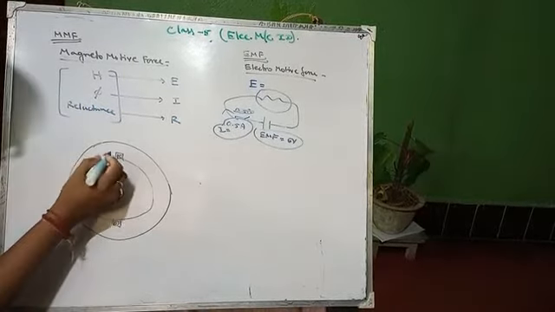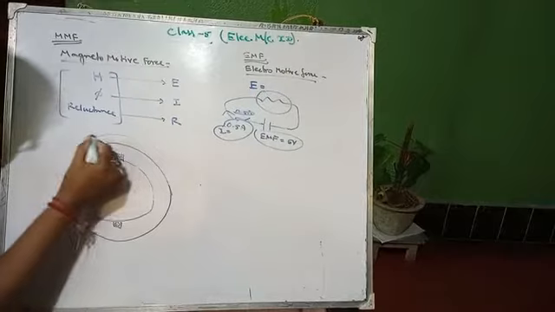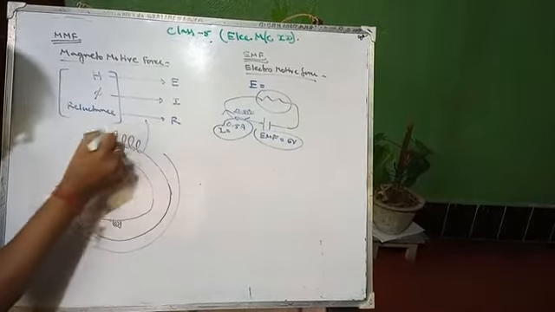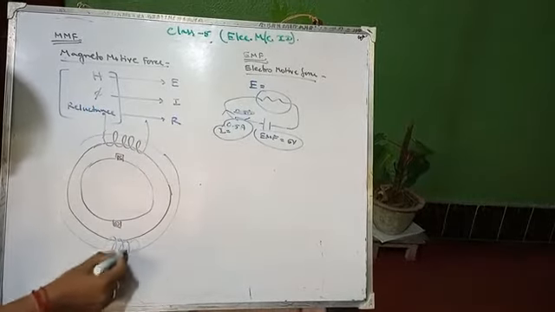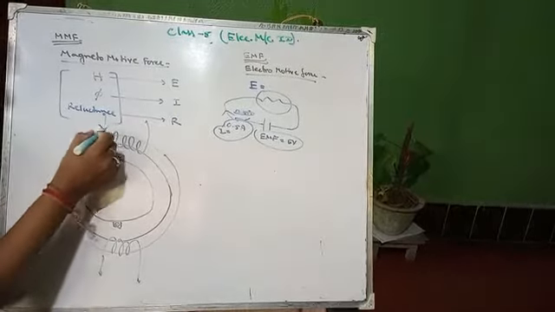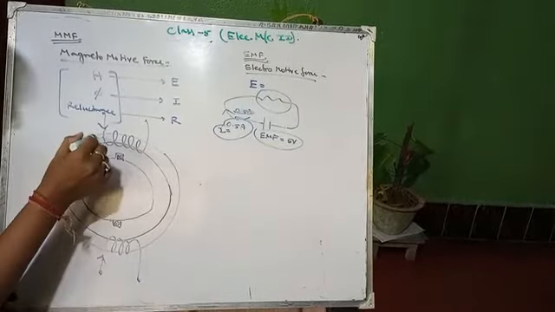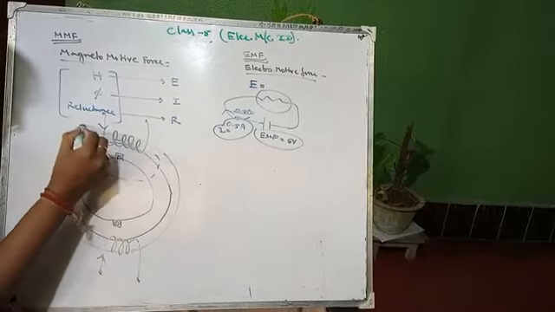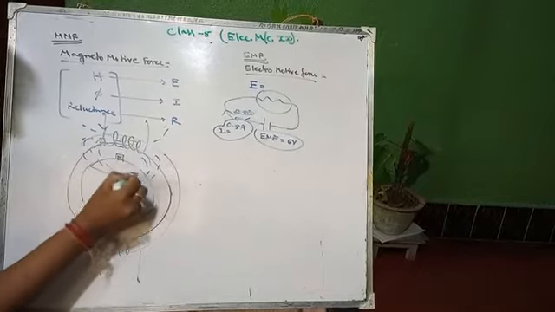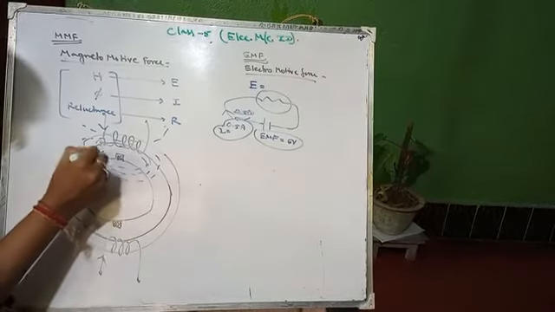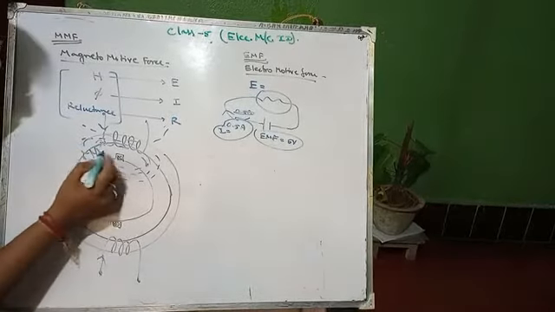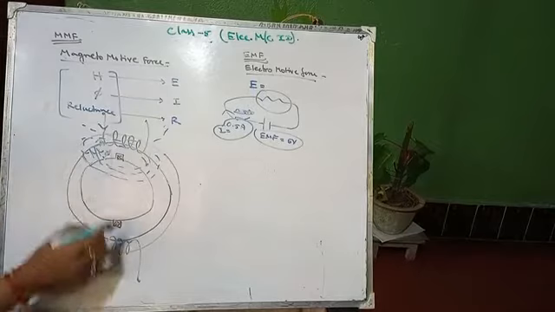This is the stator winding. When a current is induced over here, a magnetic flux will be generated. This generation of the flux phi is due to this MMF H.